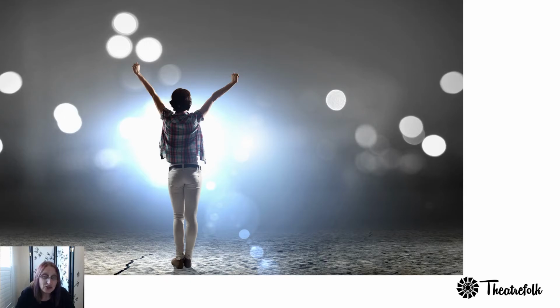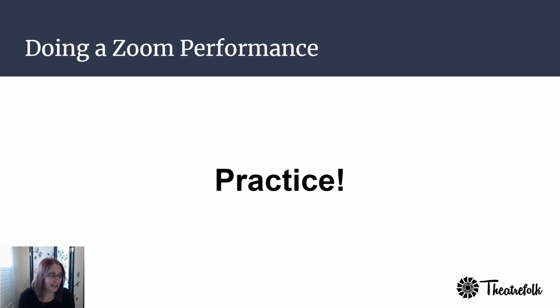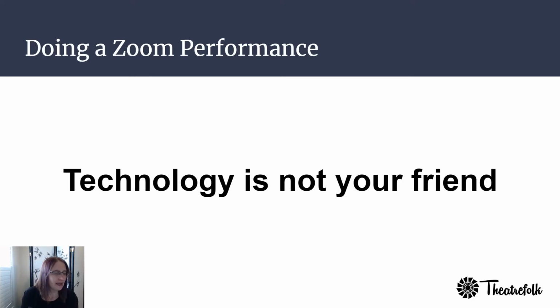Connect the actions students have to take in this online performance with what they do in live performances. And practice, right? Practice the mic and camera procedures just as you would practice the timing of entrances and exits in a live performance.